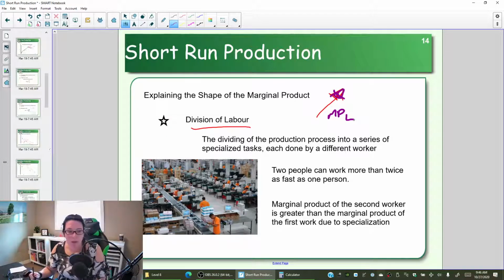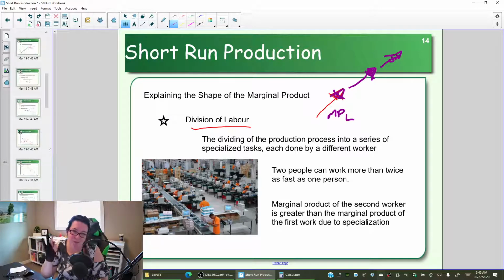Now, how come the marginal product of labor doesn't keep going up indefinitely? Well, when we made widgets, we could really only divide this work into kind of 3 different tasks, maybe 4. One person could fold, another person could do the second fold, one person could feed, another person could staple.